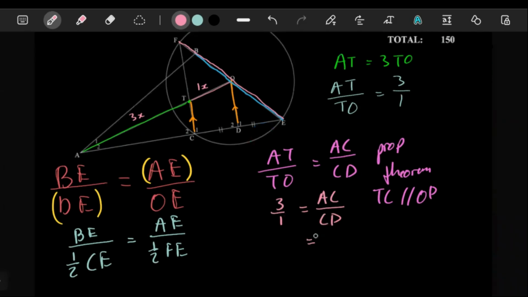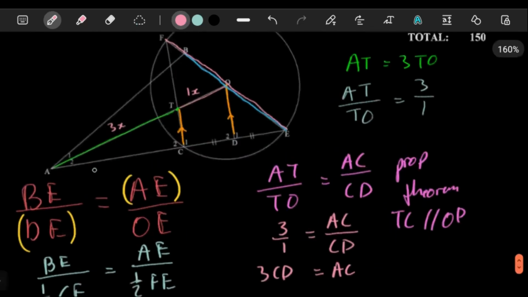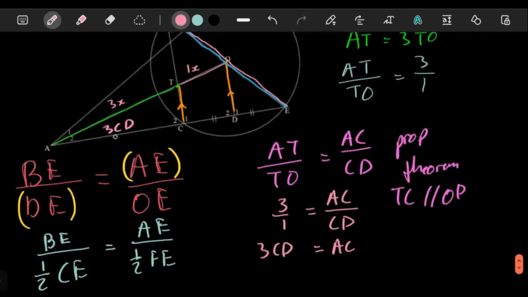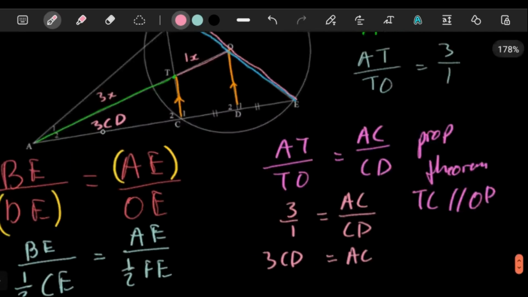So if you cross multiply here, you're going to have 3CD is equal to AC, right? You see that? Meaning in your shape here, where you see AC, you can write it as 3CD. You see, this is 3CD plus CD plus another CD, technically speaking. So let's just say 3CD here.